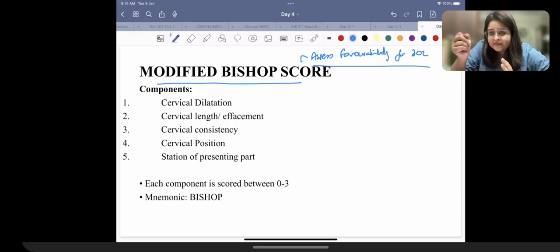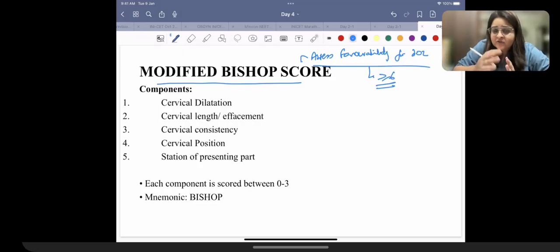What does this mean? This means that there is a scoring system based on these factors, and if the score is good, if the score is a favorable score, that is, if the score is 6 or more, that means I can tell the patient that your chance of having a vaginal delivery is as good as if you had come in spontaneous labor.